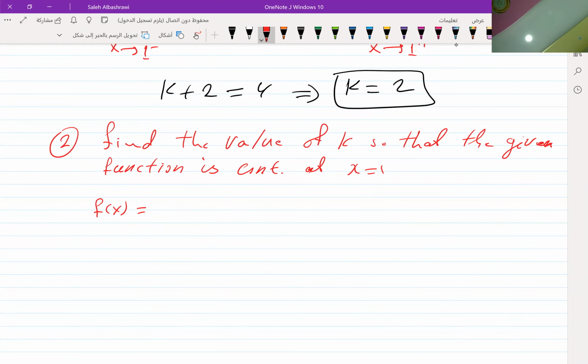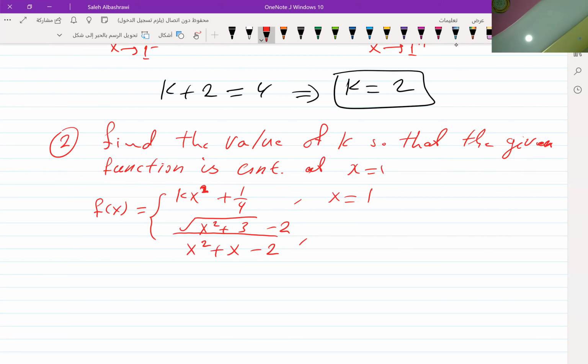F of x is equal to k x squared plus 1 over 4 if x equals 1, and equal to square root of x squared plus 3 minus 2, divided by x squared plus x minus 2, if x is not equal to 1.